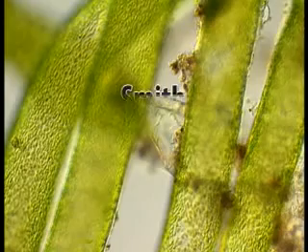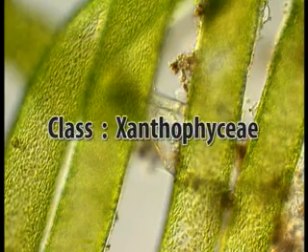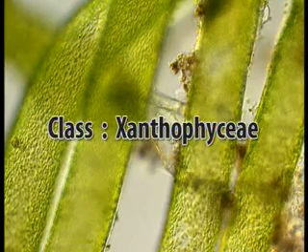On the basis of the pigment constitution of Vaucheria, Smith, 1950, transferred this genus to class Xanthophyceae. Many algologists at present favor inclusion of family Vaucheriaceae with the single genus Vaucheria in the class Xanthophyceae.